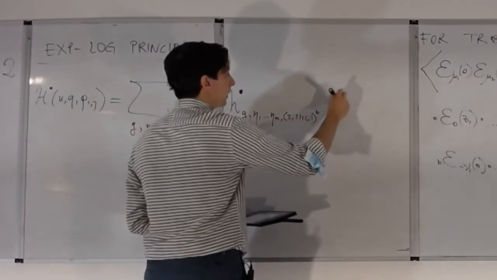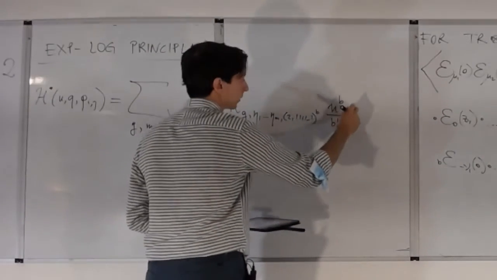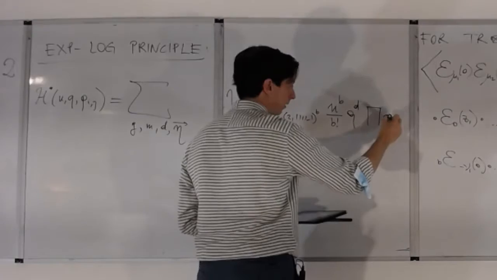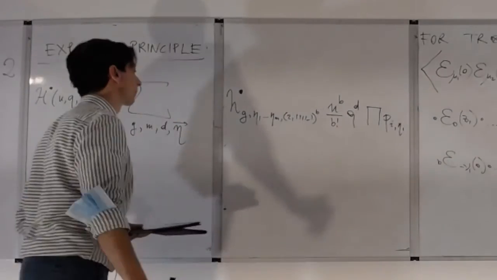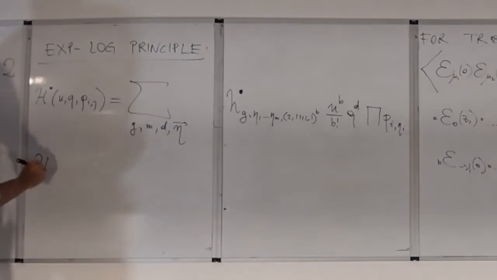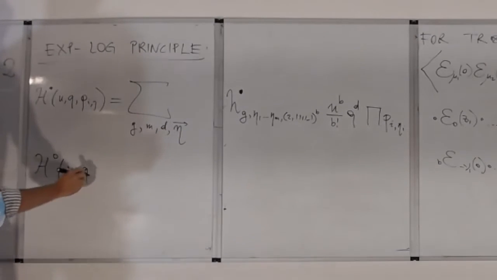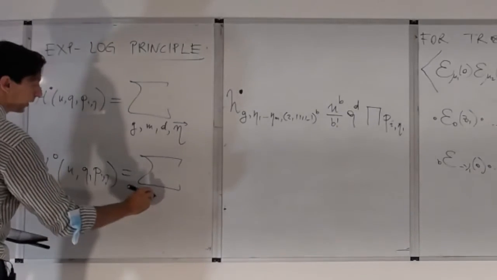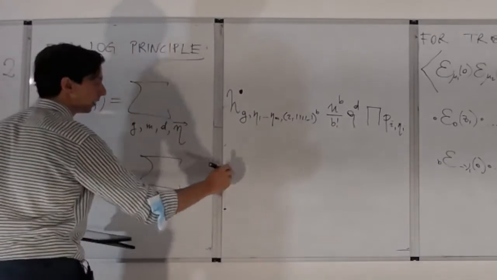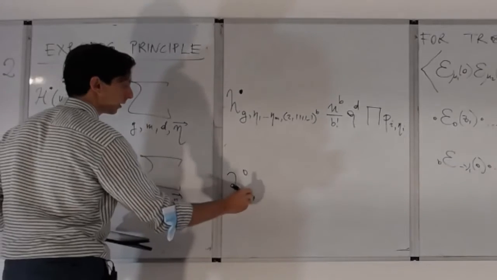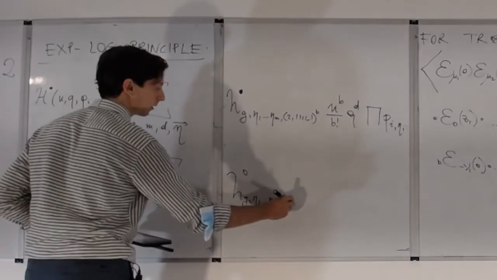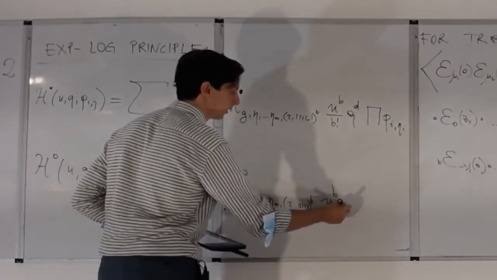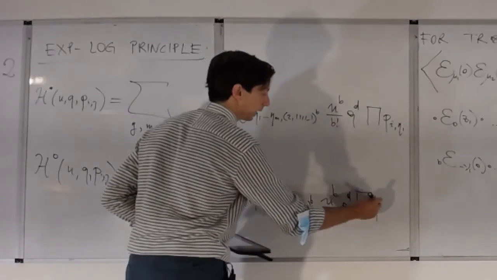And then you have u to the b divided by b factorial, q to the d, and then the product of the p_{eta_i}. And then you define a H not to be just the same, except that here you have the not, connected, g m d eta. U to the power b divided by b factorial, q to the d, product of p_{eta_i}.